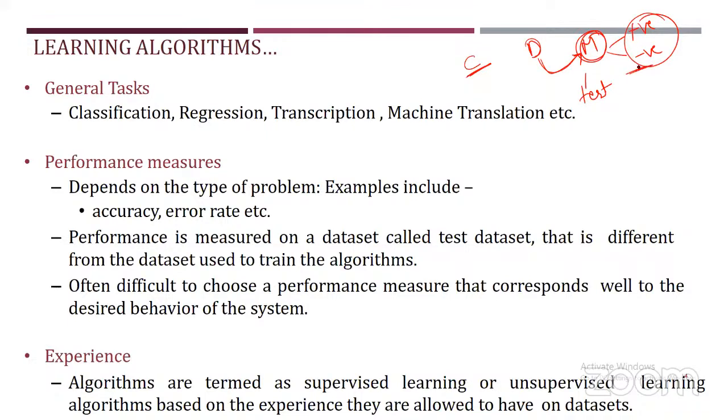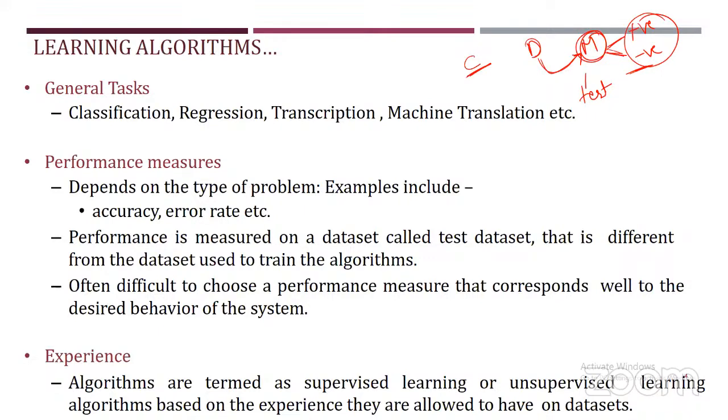Now, how good is this prediction? Is it just doing random prediction, or is it actually doing correct prediction? So we need some way to quantify whether the model we have prepared is working well or not. For that, we have different performance measures.